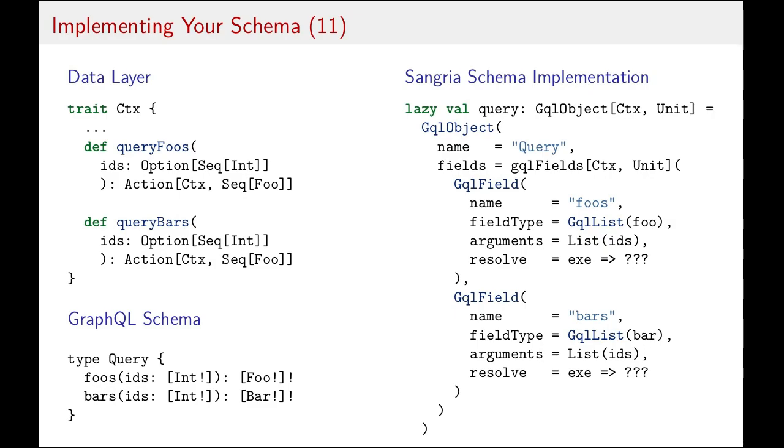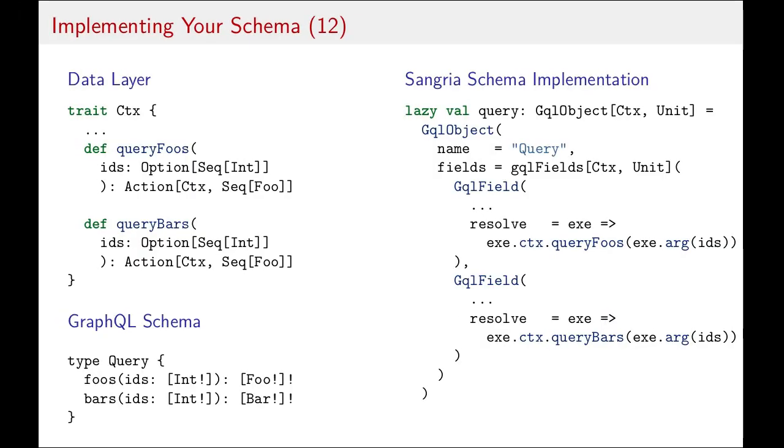But yeah, we say what arguments this field is going to have, and then later on we can pull those arguments out of the executor. Now here is an interesting thing. Of course this line right here is type checked. IDs is an argument of option seq int, and so once we grab this we have an option seq int, and we could pass that to query foo, and it type checks.